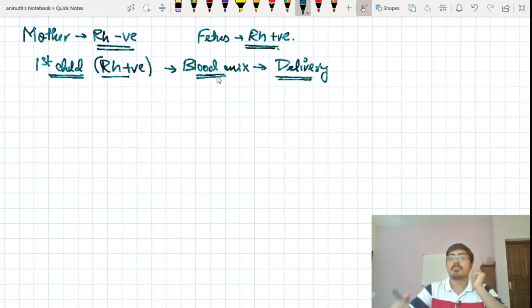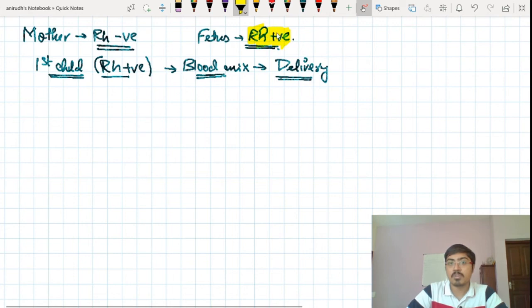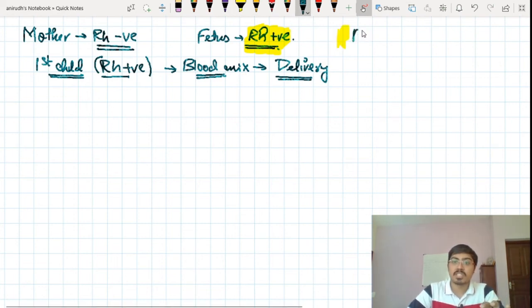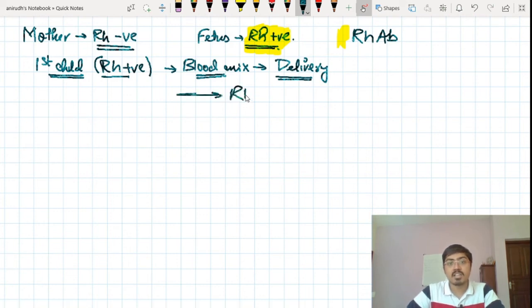Along with that, the maternal immunity sees that this fetal blood is RH positive. So this RH positivity is recognized by the immunity of the mother, and it will start producing RH antibody. I will write it here. The mother will start producing RH antibody in her blood.